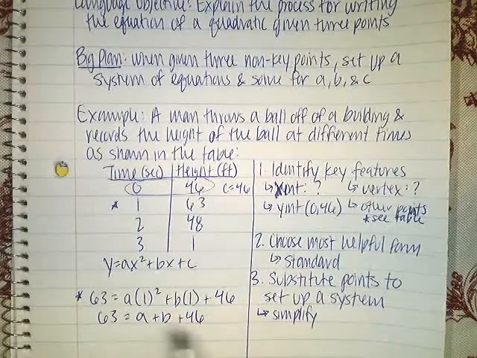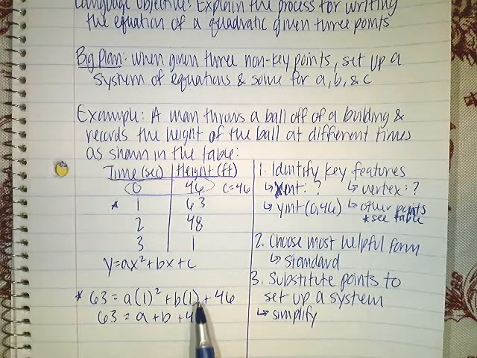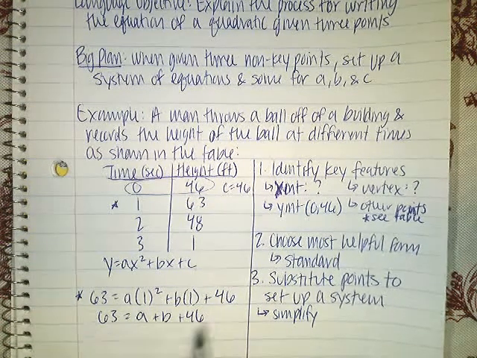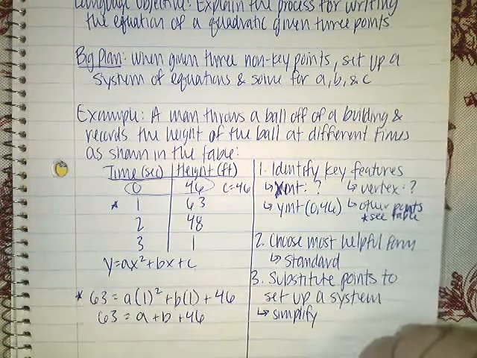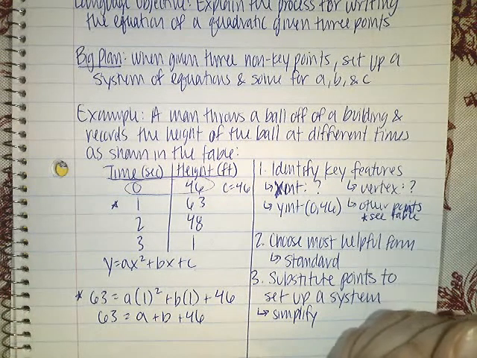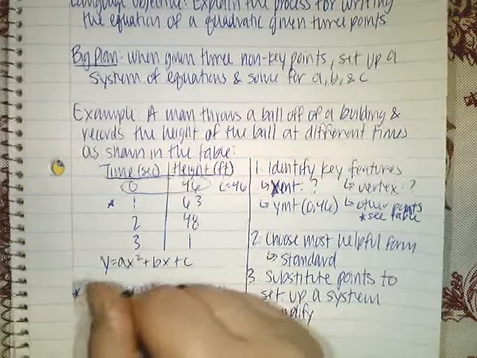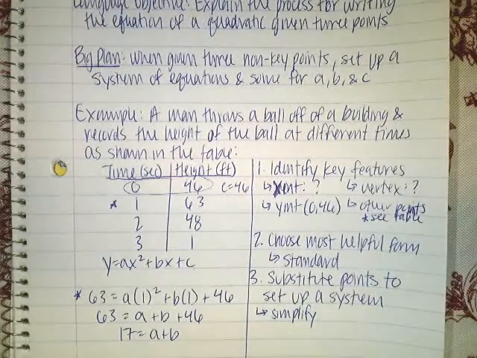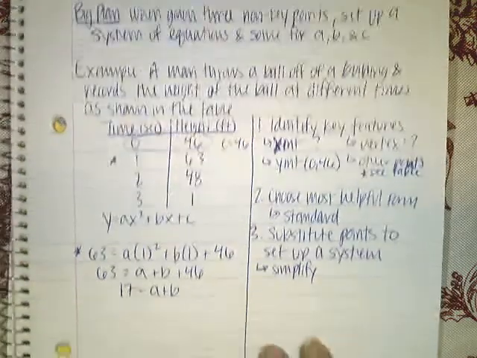Since I want my constants on one side, I'm going to subtract 46 from both sides, and I get that 17 equals a plus b. So there's my first equation when I plugged in one of my coordinate points.